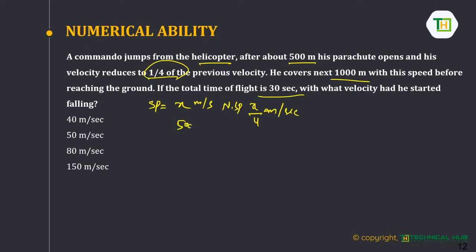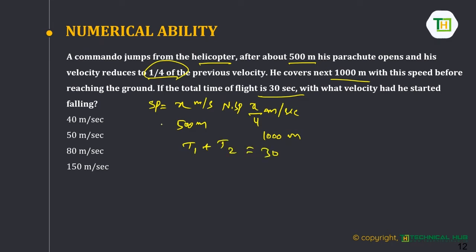Initially 500 meters with the speed of x meter per second. After that, 1000 meters with a speed of x by 4. Why? Because after opening the parachute, at that point of time, the speed is reduced to x by 4. According to the question, total time t1 plus t2 is equal to 30 seconds, right?